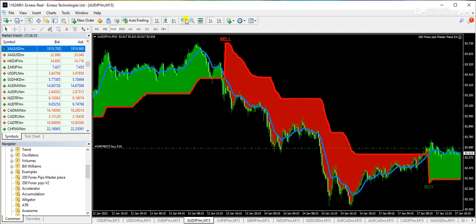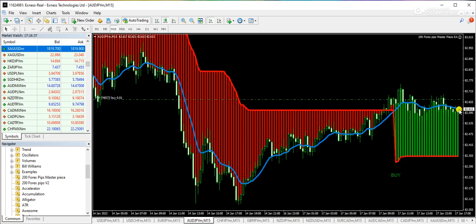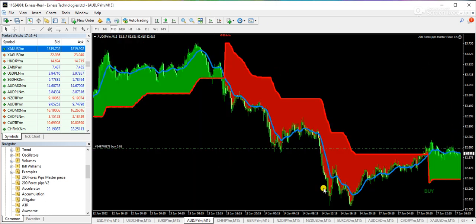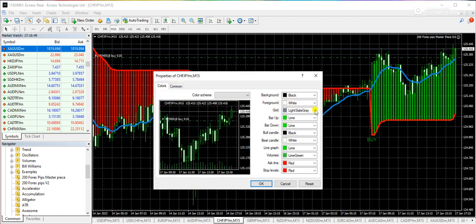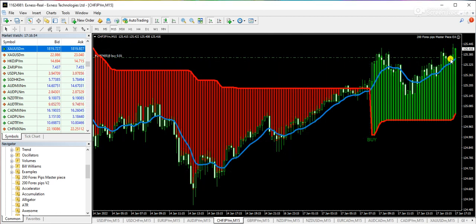AUDJPY, so guys, you can see my trade is triggered and I'm in a buy on AUDJPY and the market is in upward momentum. Today it's Monday and the markets are a bit slow, so tomorrow I'm looking for the market to get upward momentum. CHFJPY, if I show you my chart, you can see my buy trade is triggered and the market is already above it and I'm already in profit.